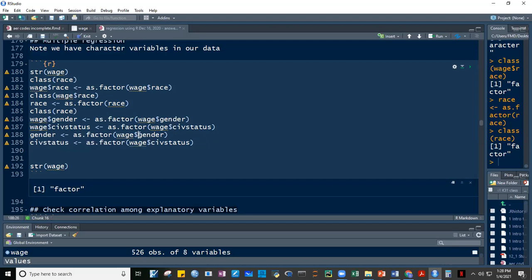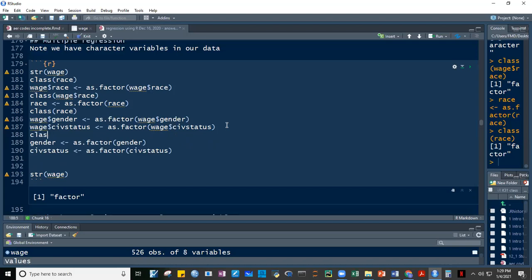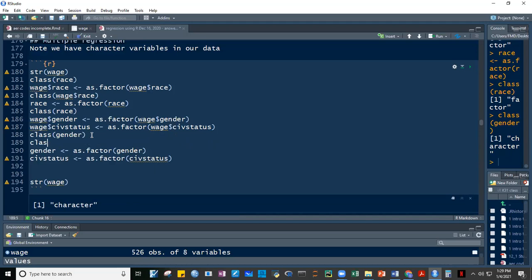Again, I said that we are allowed to do that kasi let's just first check yung class ni gender. Class niya, character siya. Ganun din si class ni civil status.